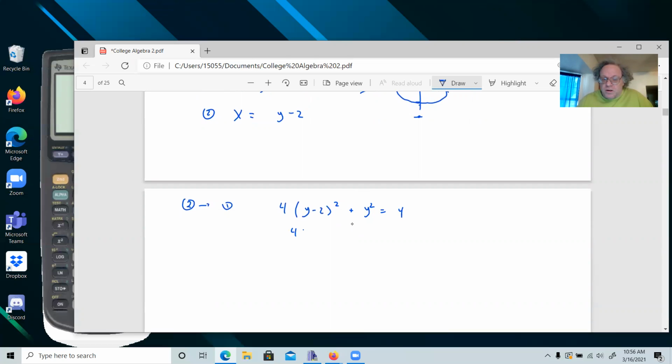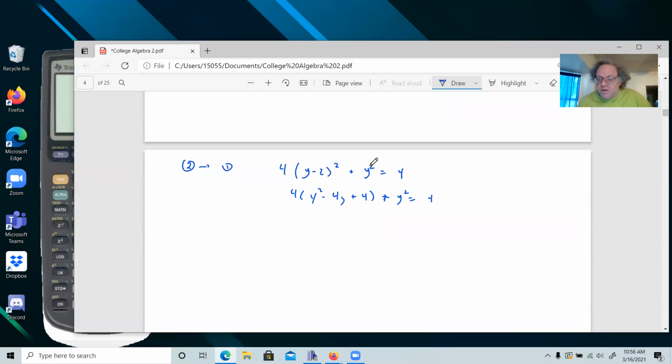So we have y squared minus 4y plus 4, plus y squared is equal to 4. And then we just have to untangle this and see what we're going to get. So we've got 4 minus 4y, I mean y squared minus 4y plus 4 plus y squared minus 4 is equal to 0.